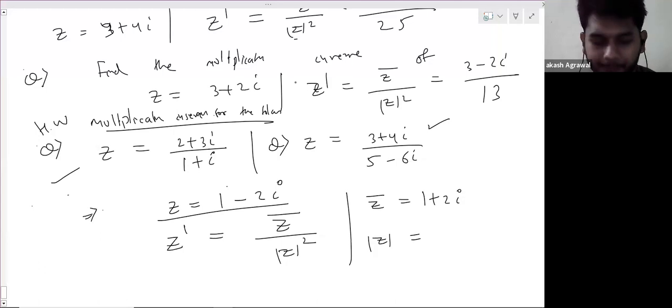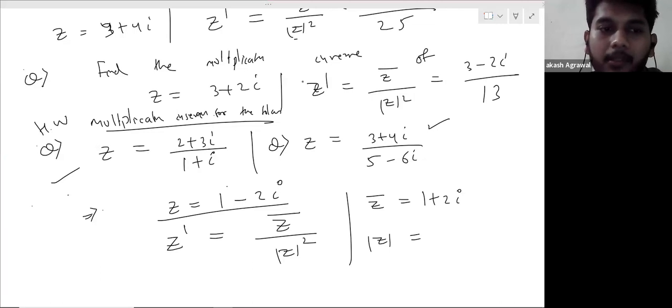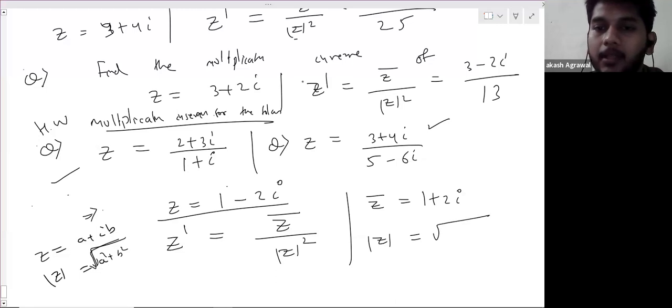If z is a plus ib, then mod z is the square root of a square plus b square. So here, the square root of 1 square plus 2 square. Clear?